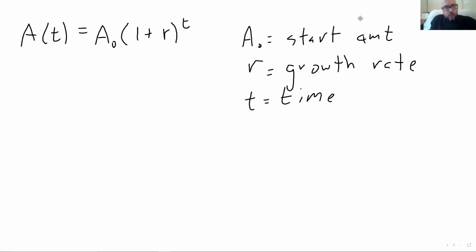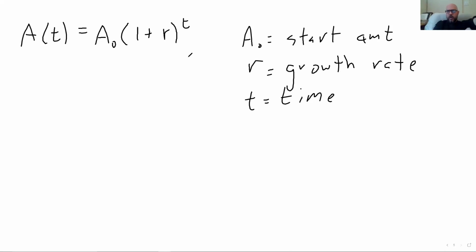Now, very often t is given in years, but not always. Sometimes it's given in hours or even seconds, depending on what's growing. This is the formula not just for interest, but also for population and also for decay. If your growth rate is negative, this works. So just R is a negative number, and this will model something that's decaying away exponentially.